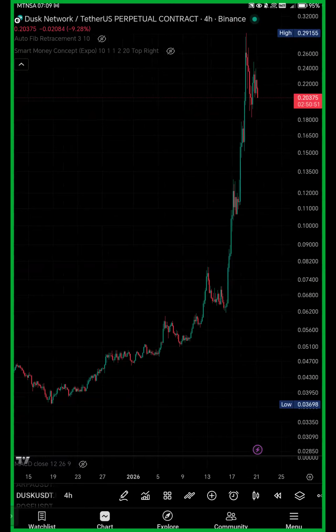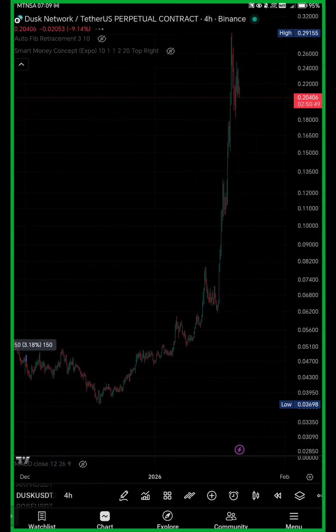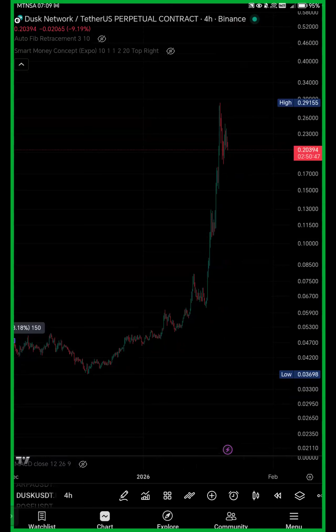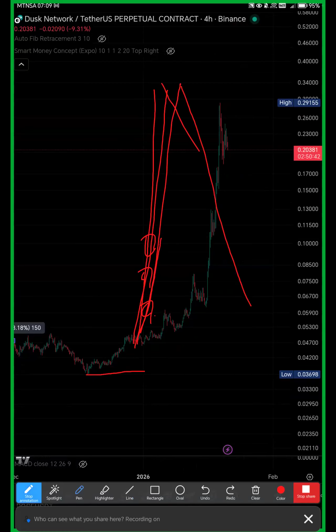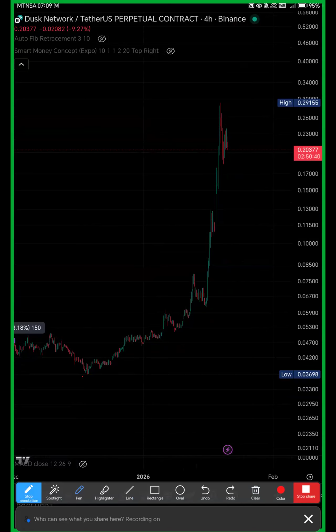This price is coming from far here. The market is coming from this level. It has been going up. Okay, it was going up, retracing, going up, retracing, going up, retracing, going up, retracing from here.